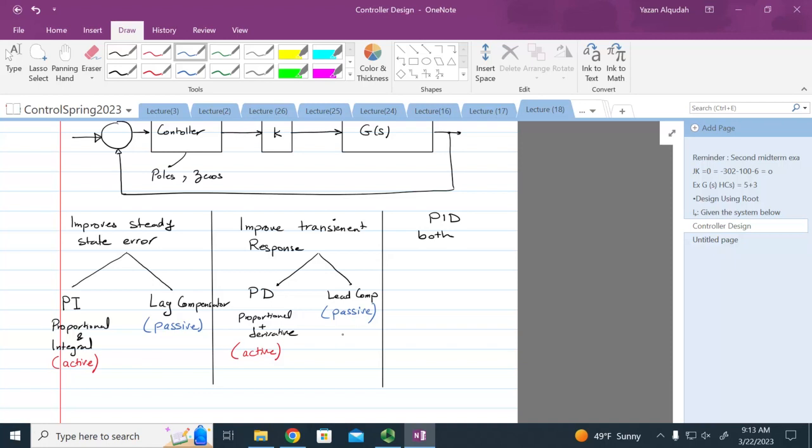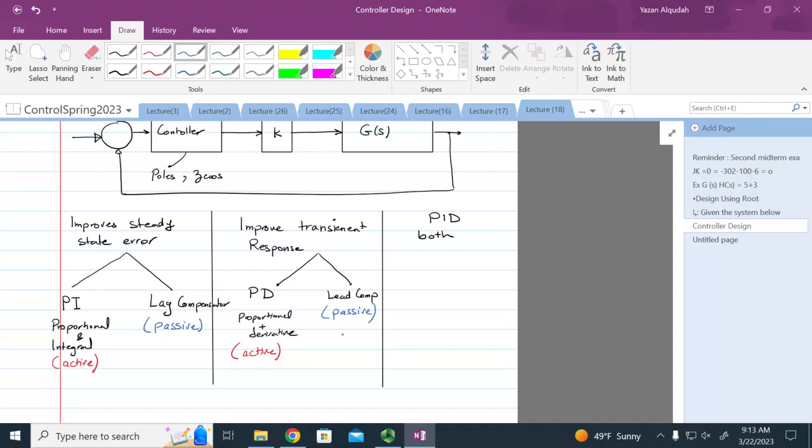Okay, an active circuit. Anybody wanna try? It is a circuit that requires a power source. A passive circuit does not. So if I take a resistor and capacitor connected together, I build a circuit. If it does not require a power source for the circuit to work, then it's a passive circuit.